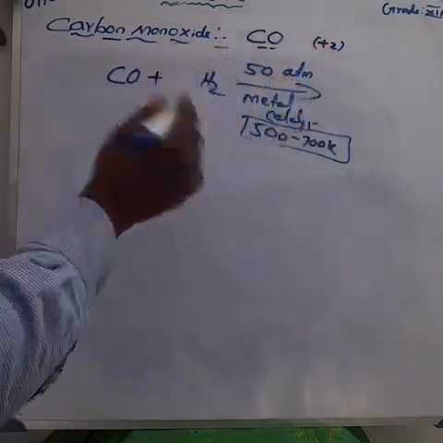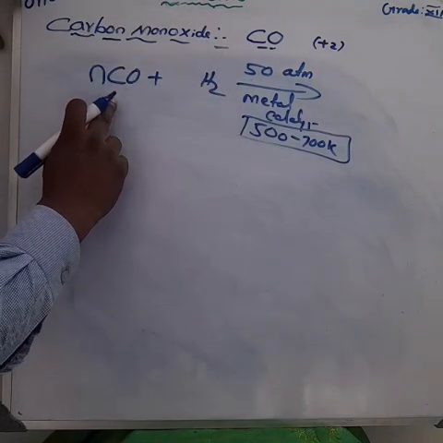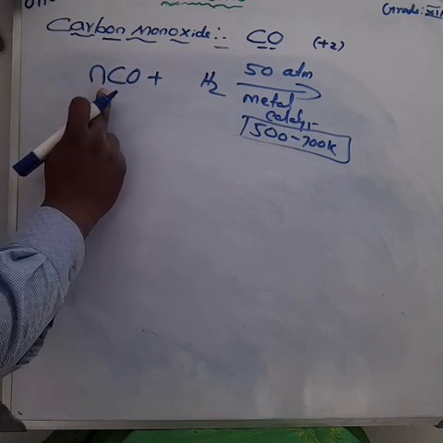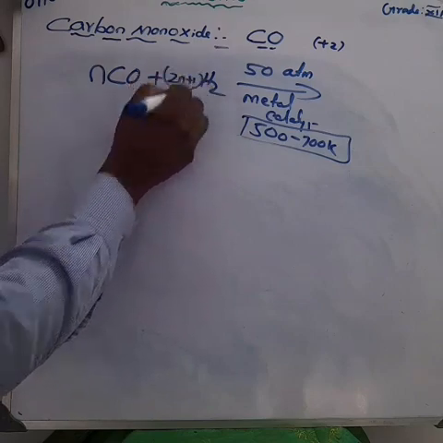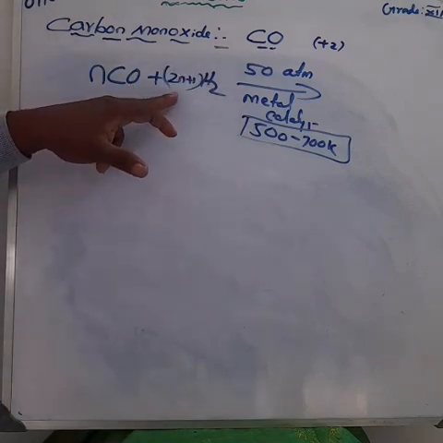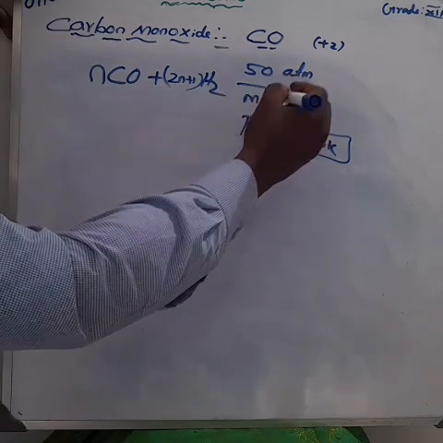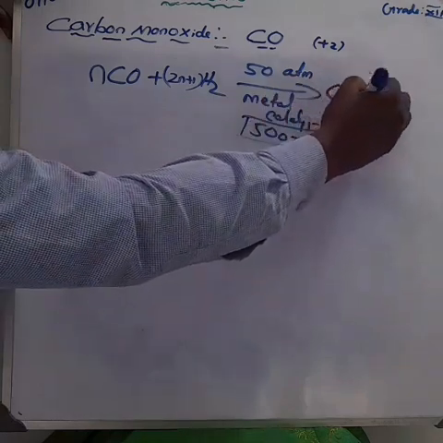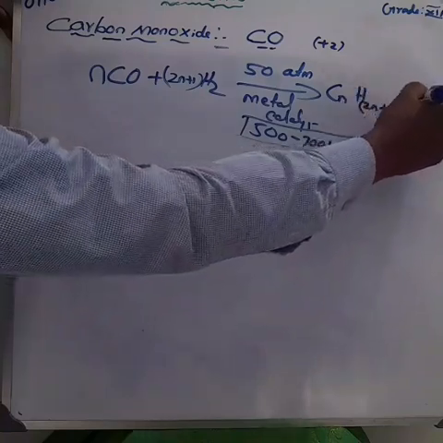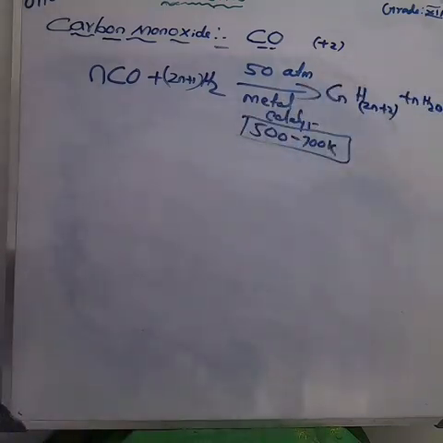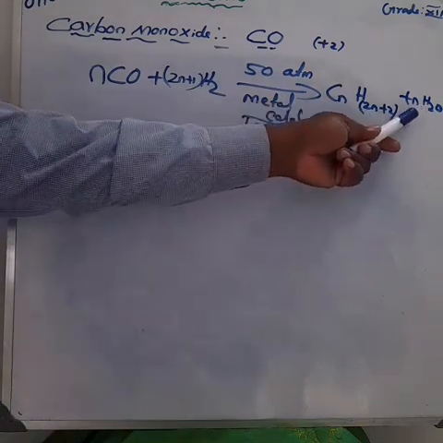Here we are using a number n: n molecules of carbon monoxide react with 2n+1 molecules of hydrogen, and we get CnH2n+2 plus n molecules of water, that is CnH2n+2 + nH2O.